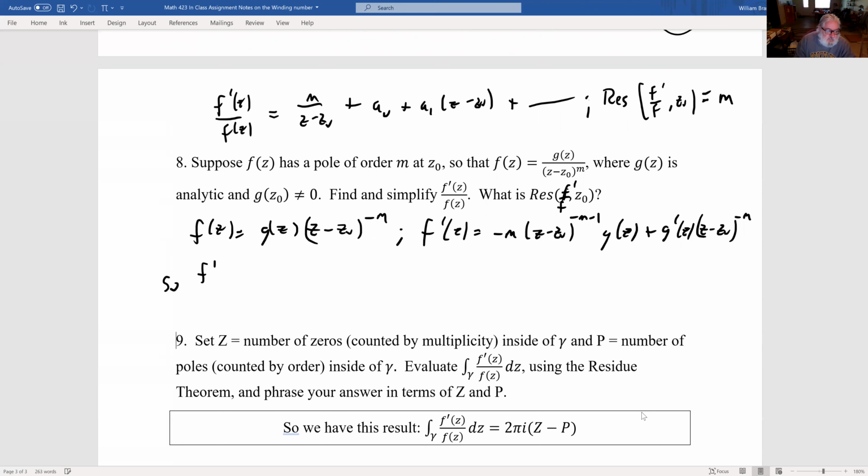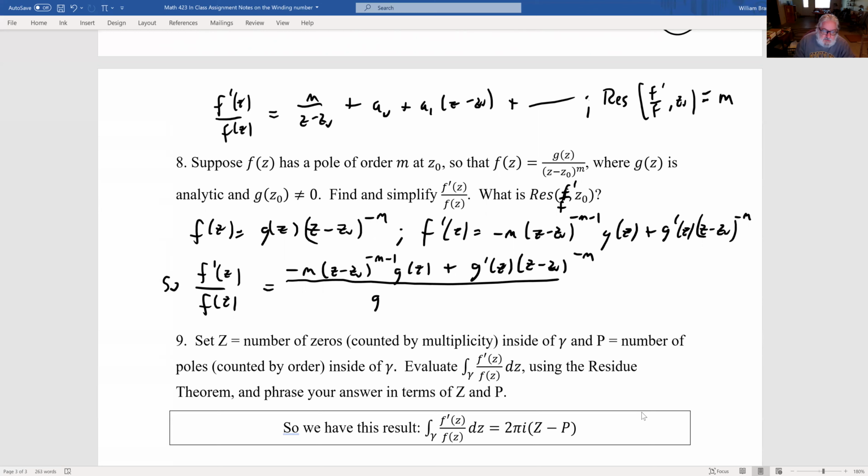So f prime of z over f of z is what? Well, we have this long derivative, minus m, z minus z naught to the minus m minus 1 times g of z plus g prime of z, z minus z naught to the minus m, all over g of z, z minus z naught to the minus m.